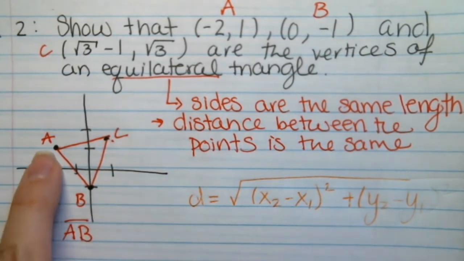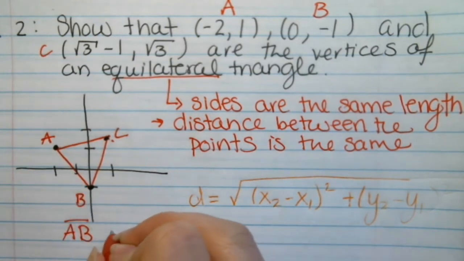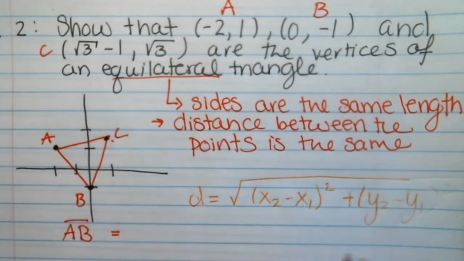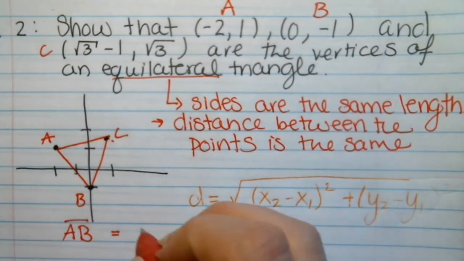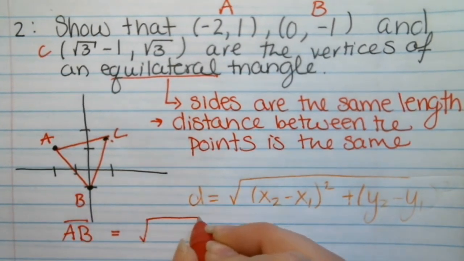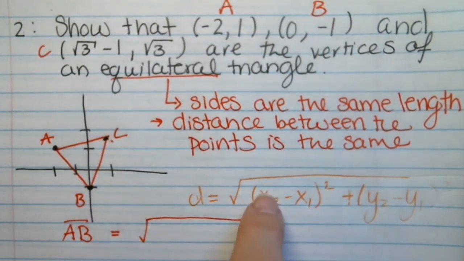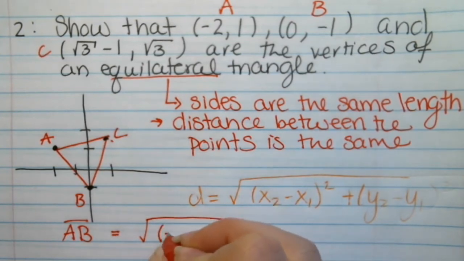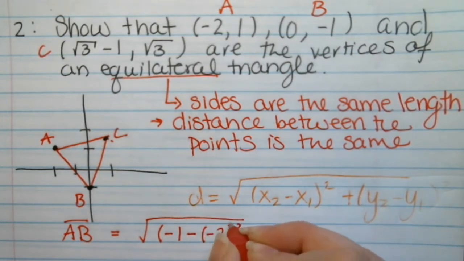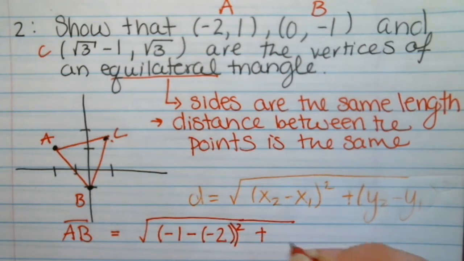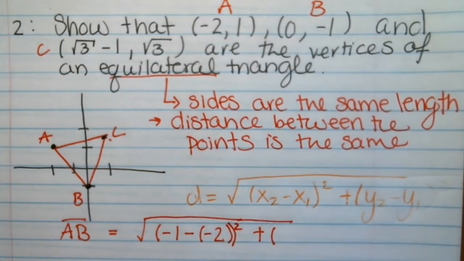We're looking at the line segment AB, the distance between the 2 points (-2, 1) and (0, -1).